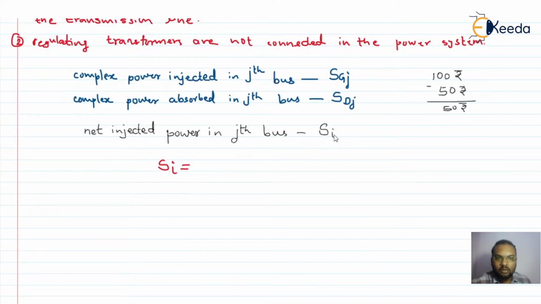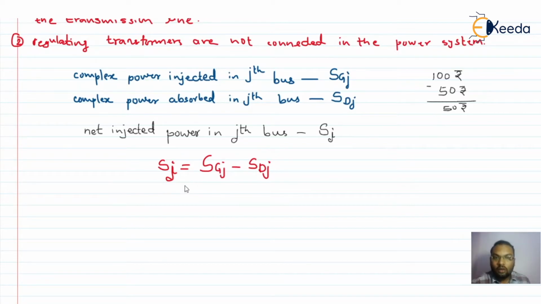It should not be SI, because we are considering the jth bus, it should be SJ. So it will be SGJ minus SDJ. Complex power generated at the jth bus, complex power absorbed at the jth bus, and the net complex power will be the difference of these two. So this much power will be injected at the jth bus, at the particular bus.